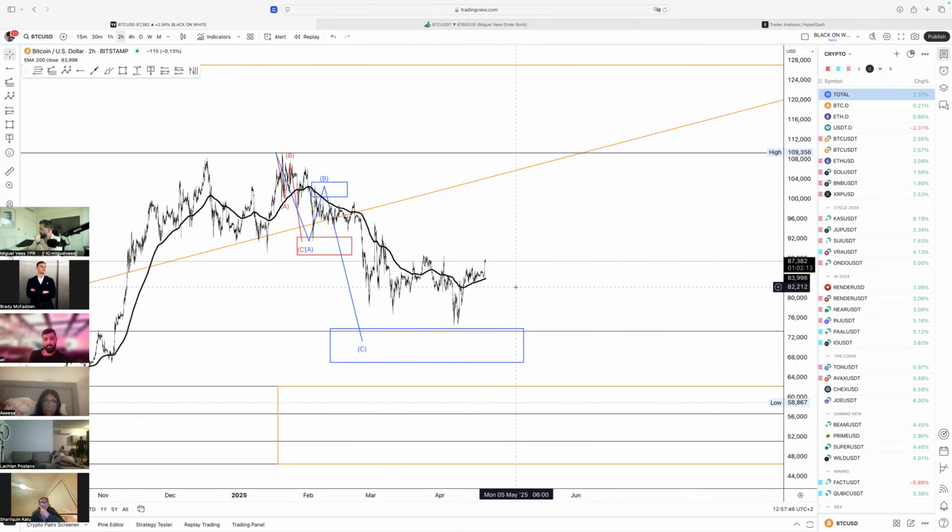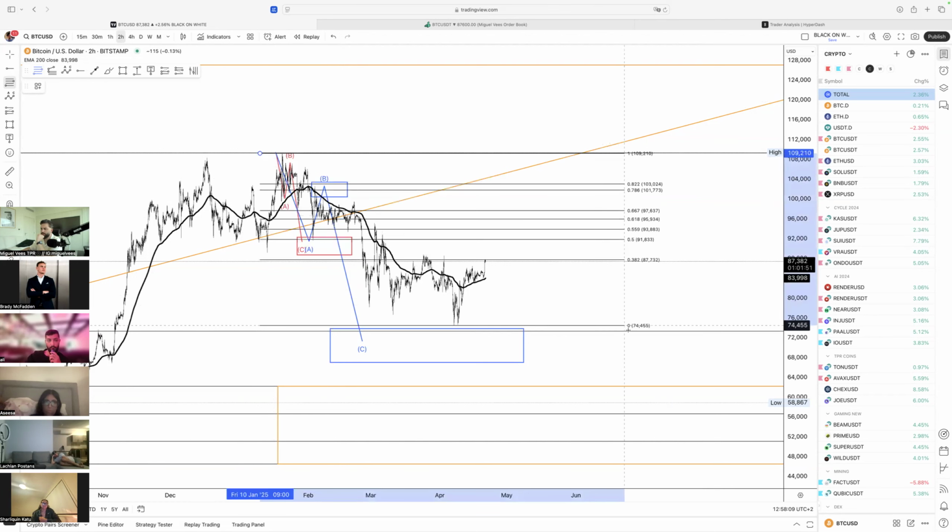Why the whole correction level and not the BC? Some people might not understand the difference right now. Why are we trading the whole correction level and not the BC?